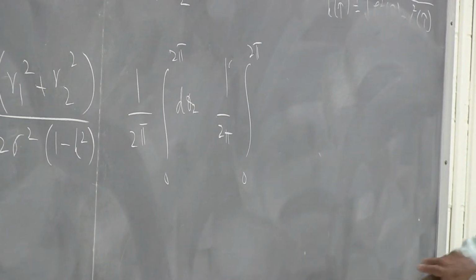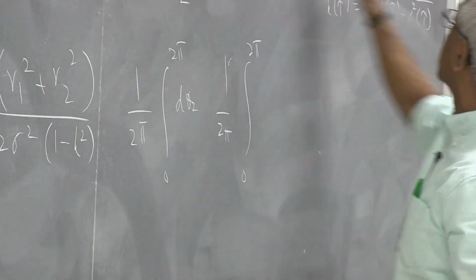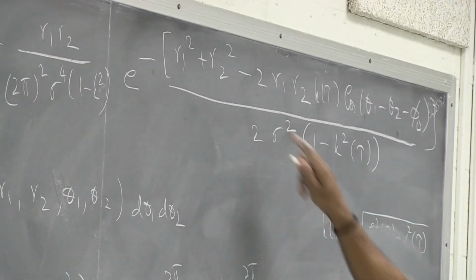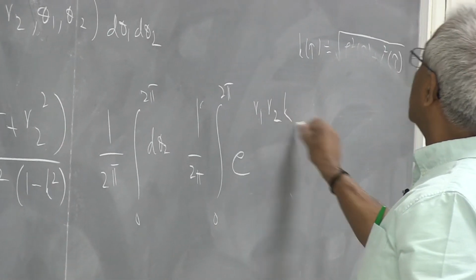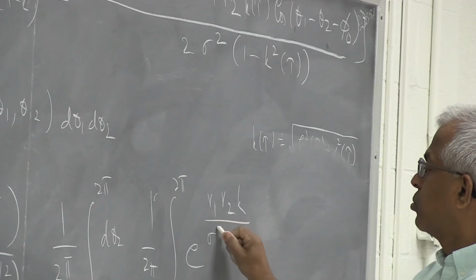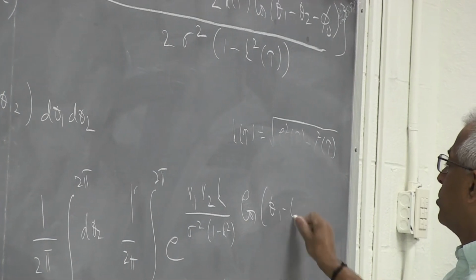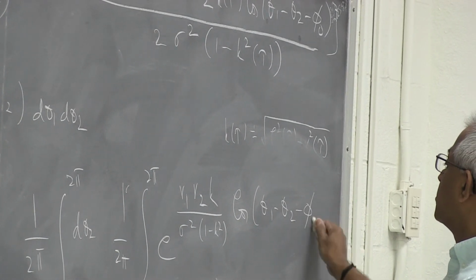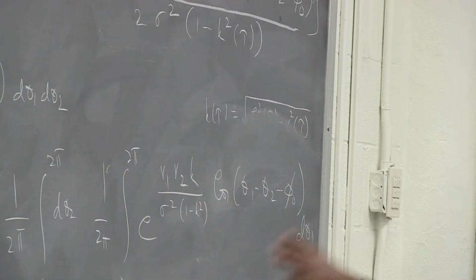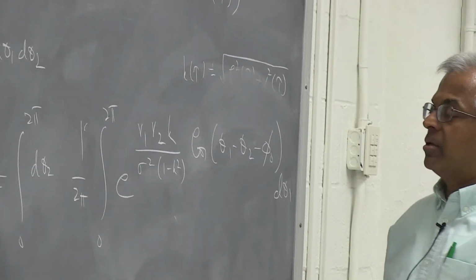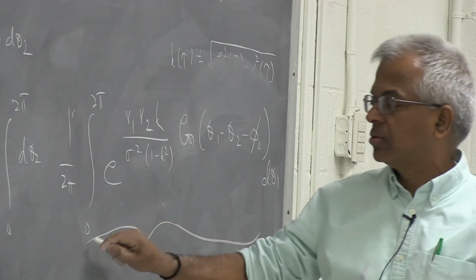The remaining term is going to be from here. The minus and minus, plus 2, cancel. So e raised to r1 r2 k over sigma squared times 1 minus k squared, times cosine of theta 1 minus theta 2 minus phi naught, d theta 1. As you can see, this is simply the Bessel function of zeroth order evaluated at this whole thing.